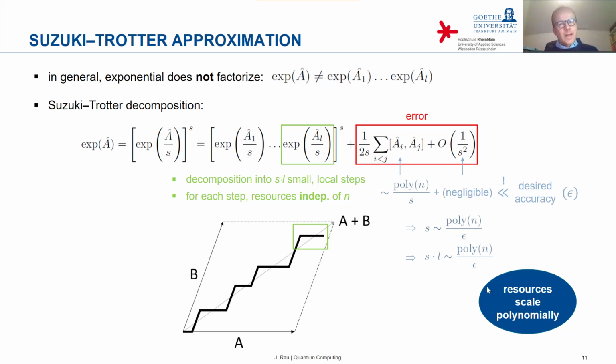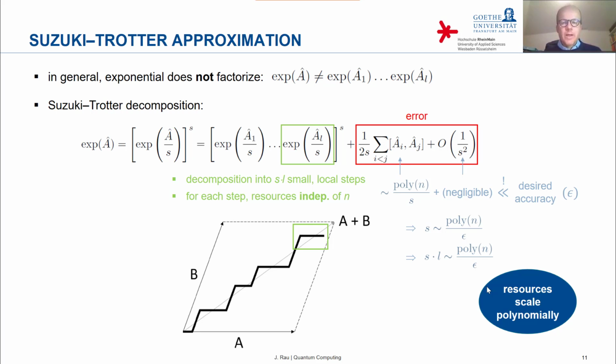Because as long as we stay below epsilon, the upper bound for the error, which was our requirement, we stay below a given maximum error epsilon. Then we have s times L small local transformations.